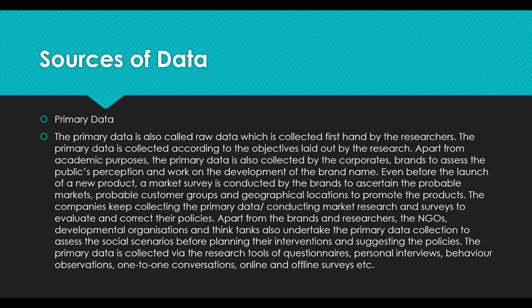Apart from the brands and researchers, the NGOs, which are non-governmental organizations, developmental organizations, and think tanks, also undertake primary data collection to assess social scenarios before planning their interventions and suggesting policies. The primary data is collected via the research tools of questionnaires, personal interviews, behavior observations, one-to-one conversations, and online and offline surveys. So the first-hand collection of data by the researchers is known as primary data.